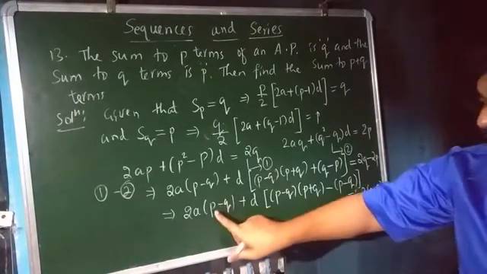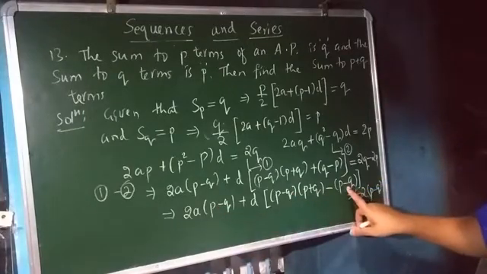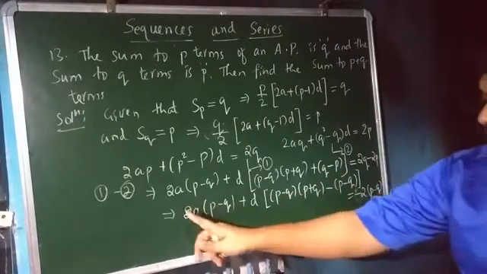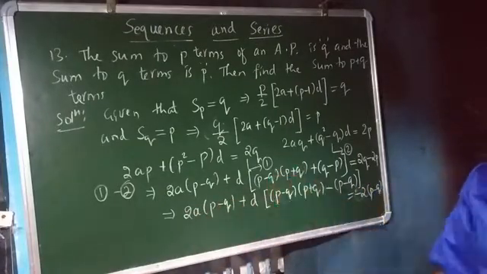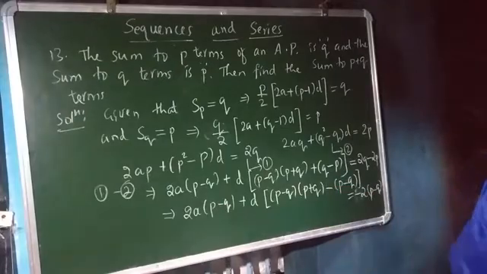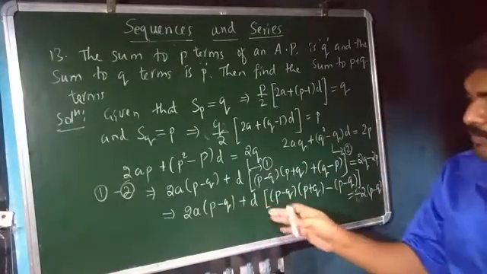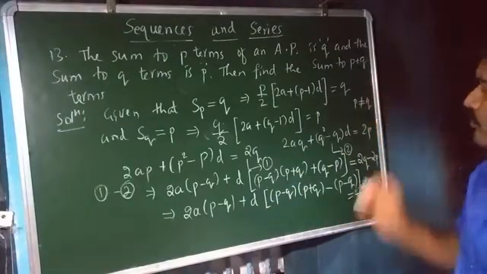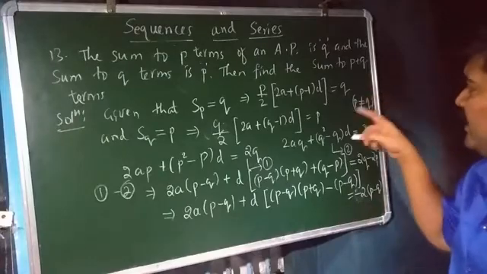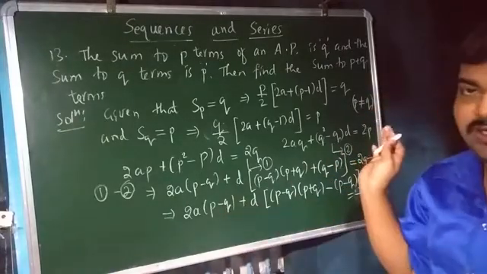Now see here, we are having p minus q in every term. In this entire equation, you are having the term p minus q common on both sides of this particular equation. You can strike out or cancel that term because we have assumed that here p is not equal to q. Utilizing that condition, we can say that if p is not equal to q, then p minus q is not equal to 0.